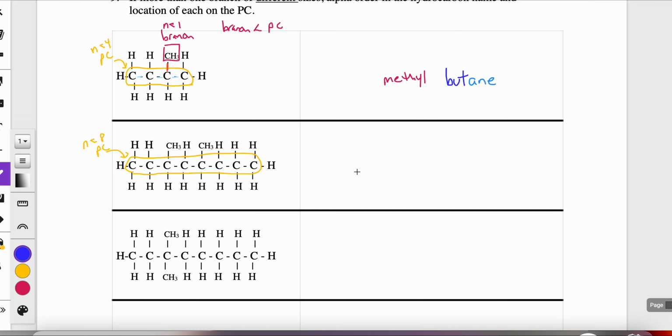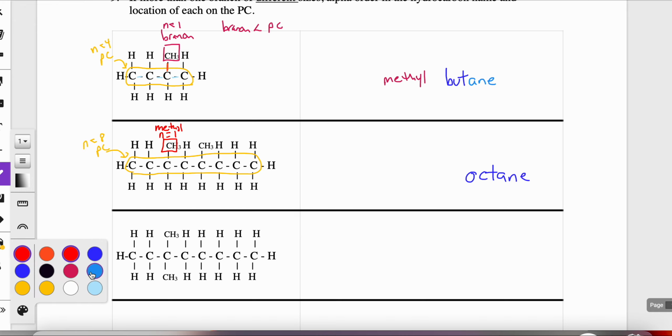So a prefix of 8 uses oct, and all of the bonds within that carbon chain are single, so this would be known as octane. But when we take a look at this, I notice there is a carbon hanging off that's not part of the parent chain, so this is where n equals 1.